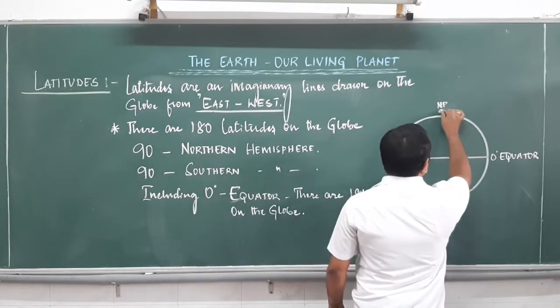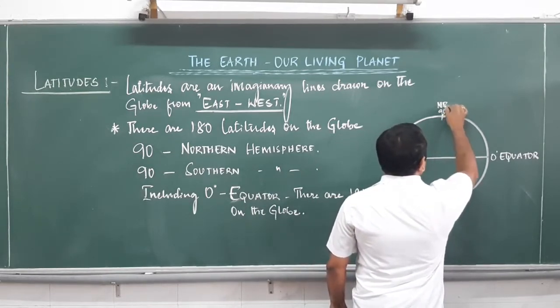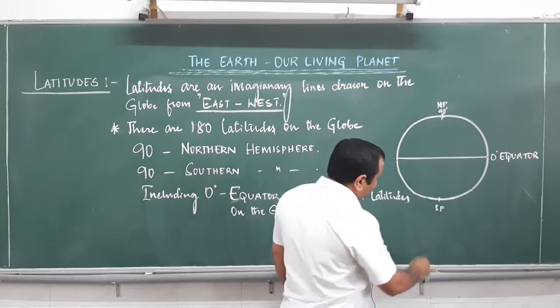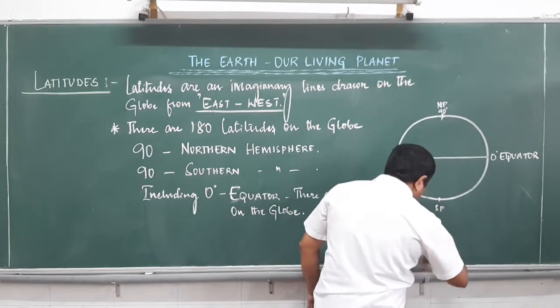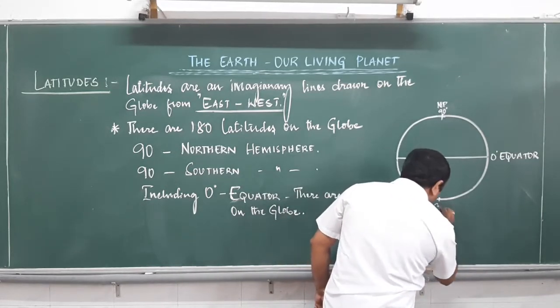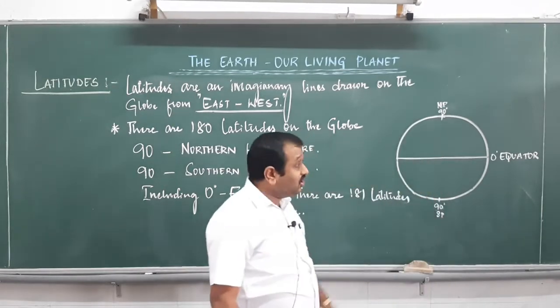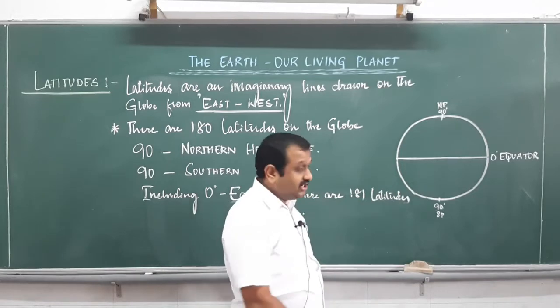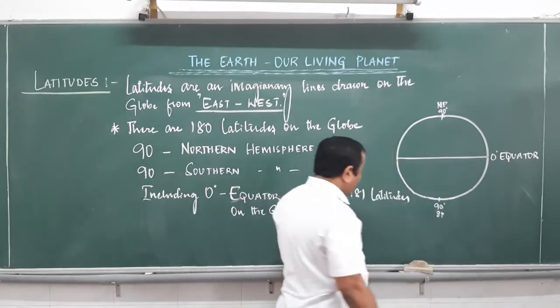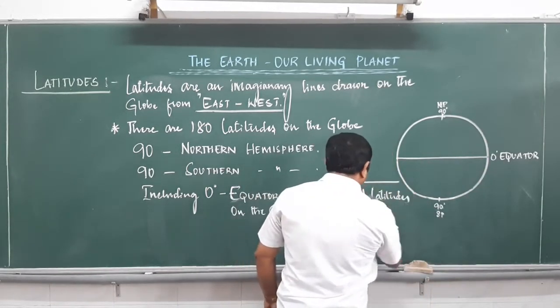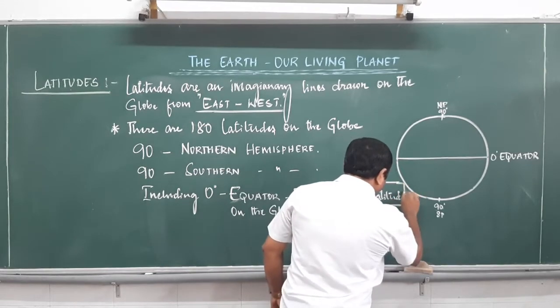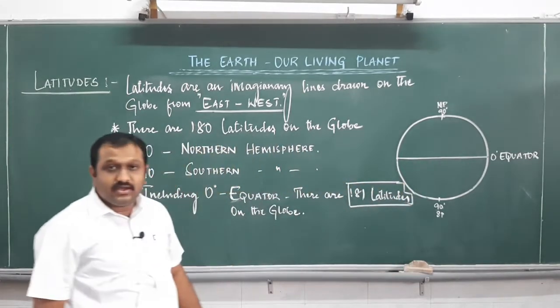At the north we have 90 degree, and to the south we have 90 degree. North 90 degree, south 90 degree, 0 degree, totally 181 latitudes.